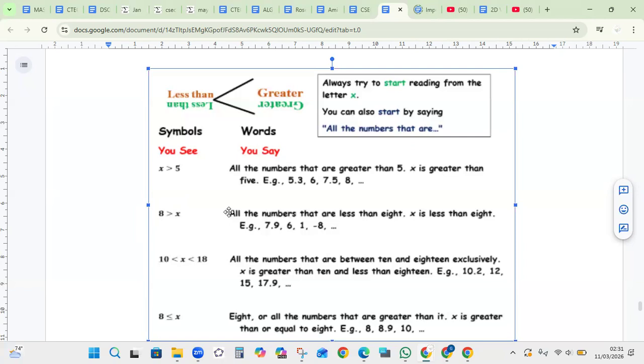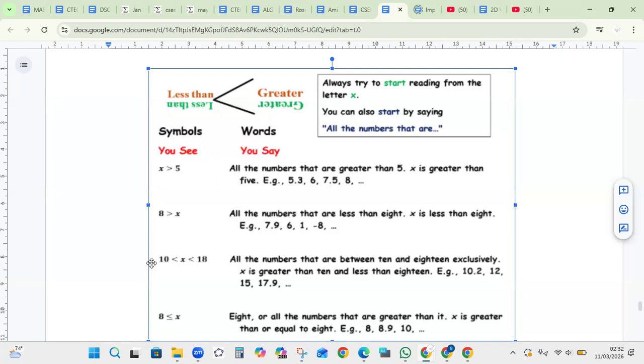Start by saying all the numbers that are less than 8. What are all the numbers that are less than 8? X is less than 8. So numbers like 7.96, 0, -8, a whole bunch of them.